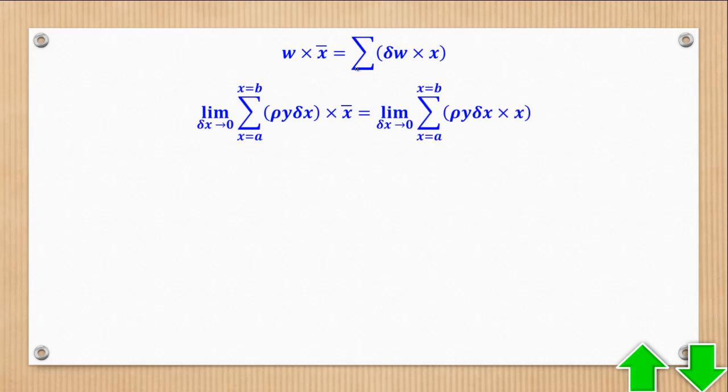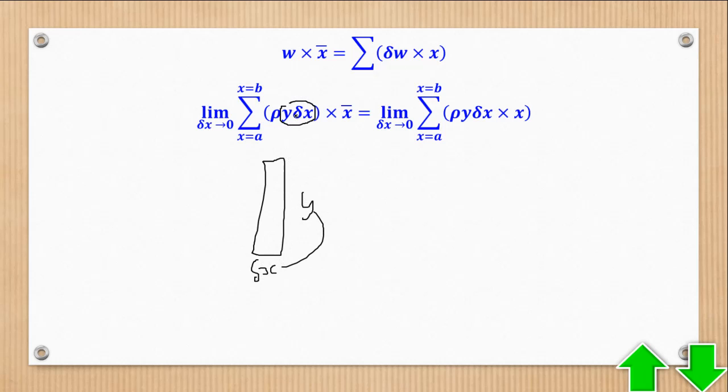So the total weight will be the sum from x equal to a to x equal to b of the small weight of the small strip. Where is this coming from? Remember, it is like this, that strip, and we said it has y here and small change in x here. So this is like a rectangle, and when I get the area of the rectangle, you multiply the two. So y times small change in x is what gives this. That is area.